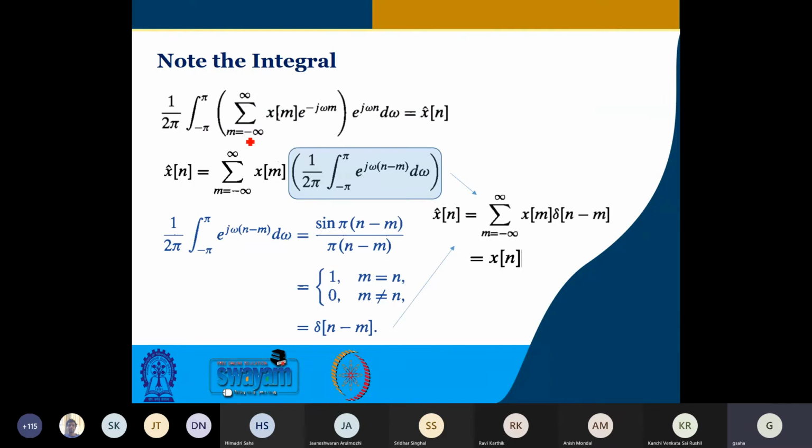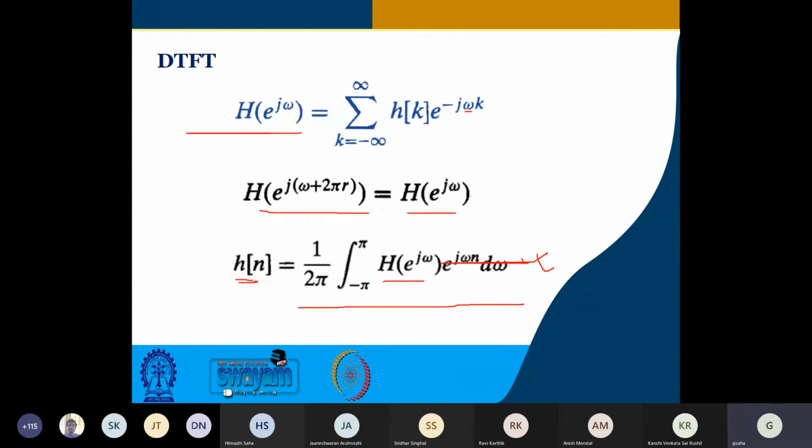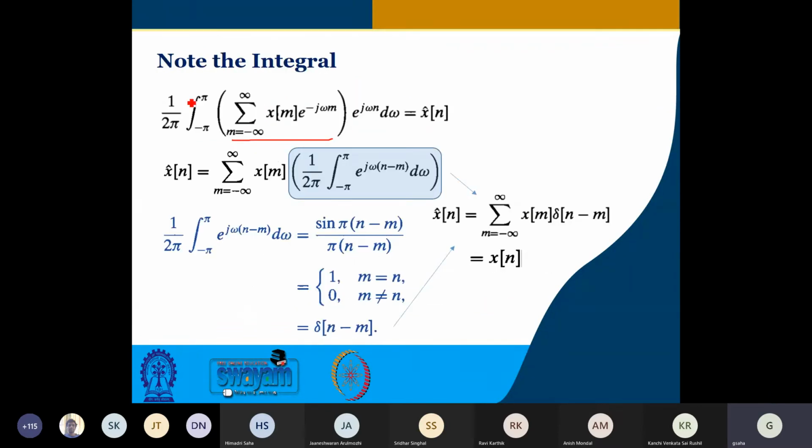So this H of e to the power j omega, we can write in this manner. I am looking at the right integral. It can be written in this manner. Instead of h, we are talking in general about some x. So basically we are looking at X of e to the power j omega and x[n]. H of e to the power j omega is a specific case of it.